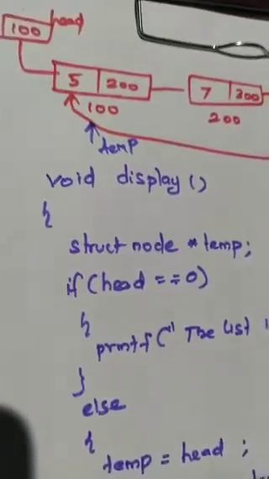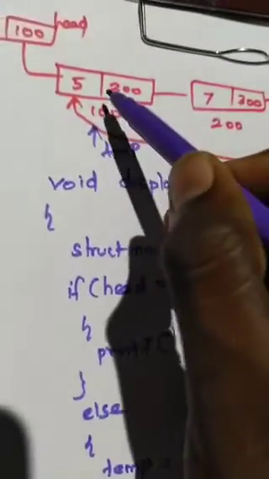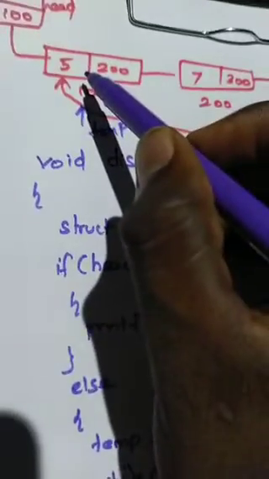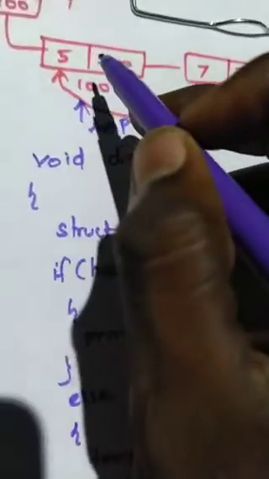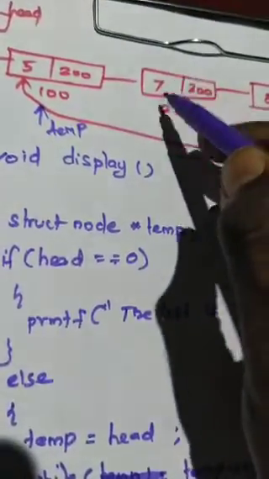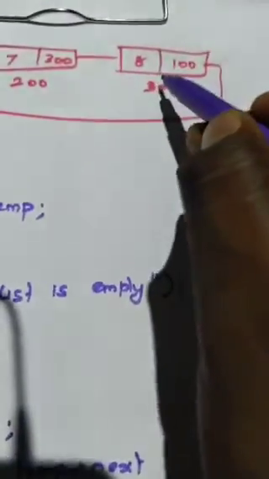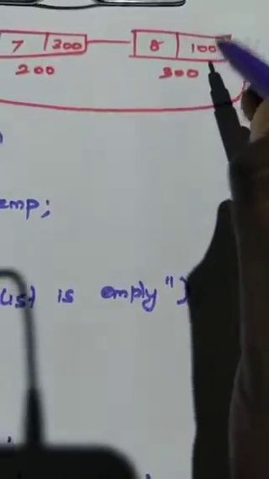When I'm trying to display all the data in the list, for example, after printing 5, it doesn't have any node after it, so it will point to the same node, right? From the second node, 7 points to the next node, so I can print this. And then when I'm trying to print 8, it points to the first node, 100, right?